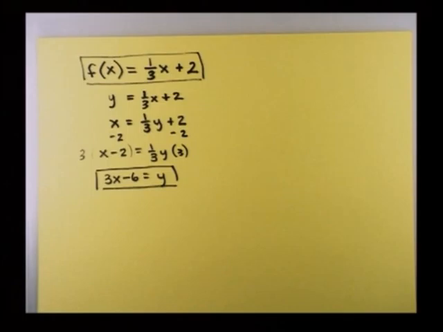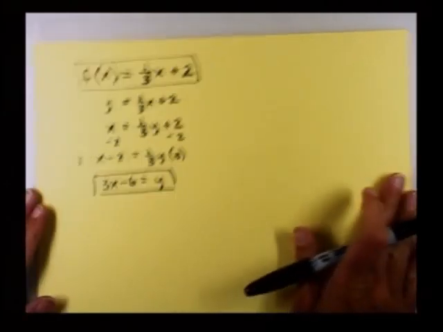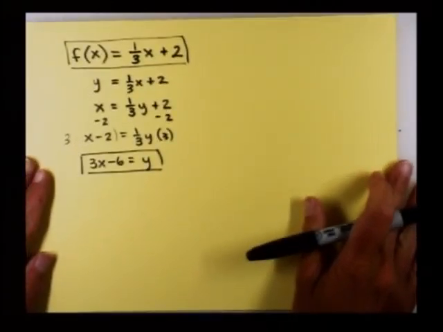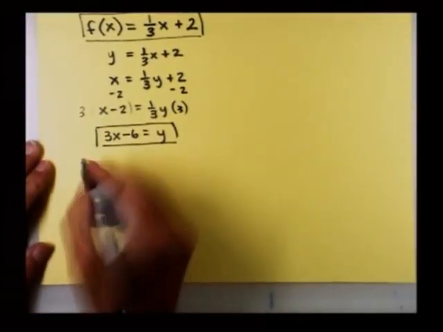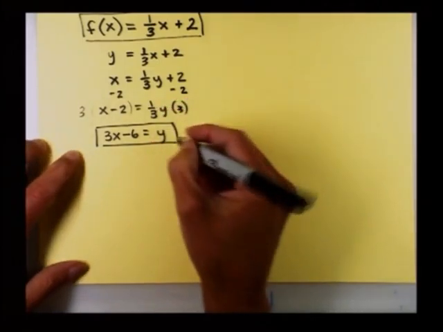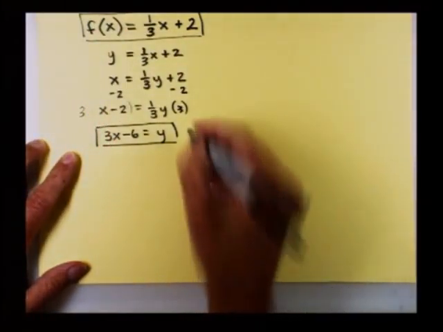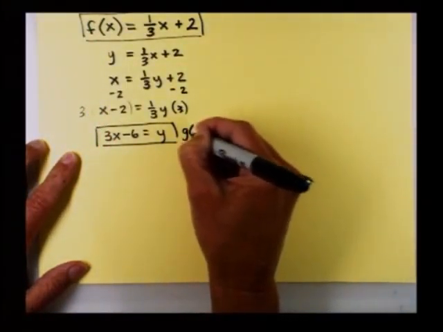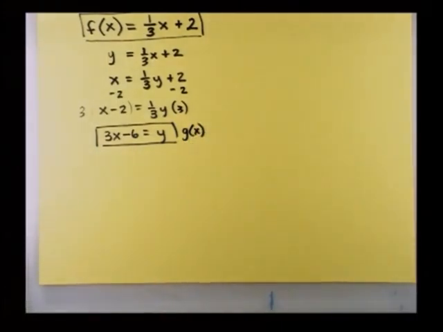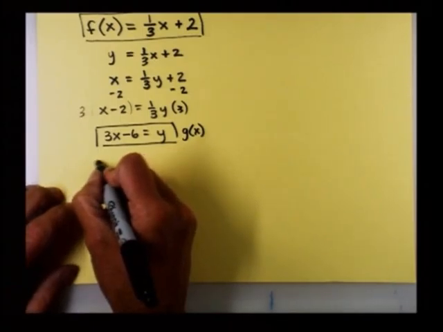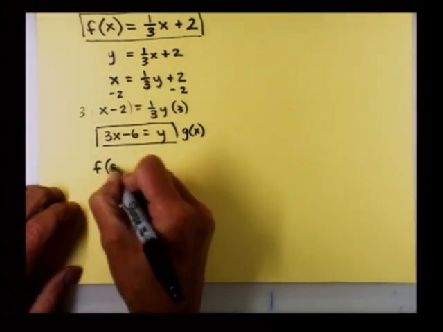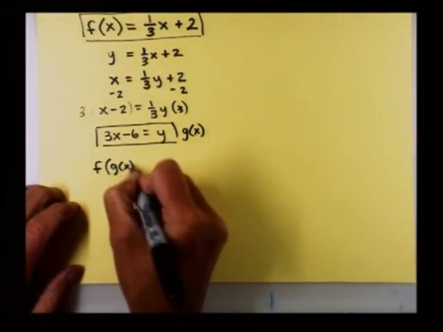Now to check our work and to verify that they truly are inverses of each other, we're going to use our definition. We had this one named as f of x. I'm going to go ahead and name our inverse g of x. And again, using our definition, I'm going to find, first of all, f of g of x.